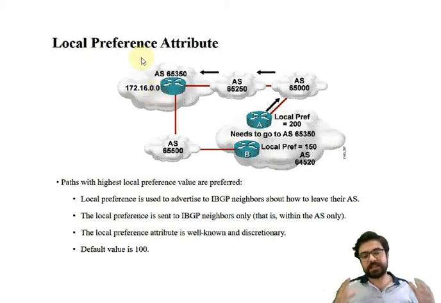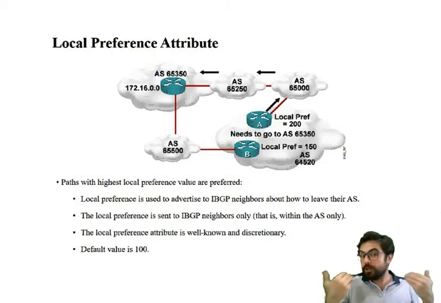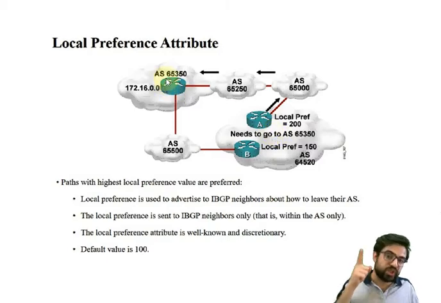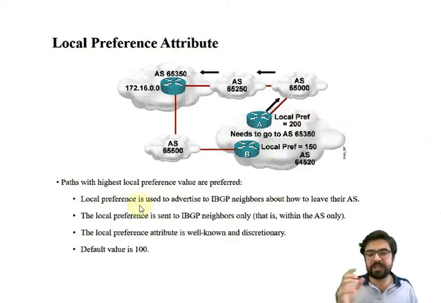In this way, we are telling the network, my local preference is that whenever I want to reach AS number 6535, I prefer this path. So for local preference, the higher means the more priority. If you do not mention that, the default is 100.